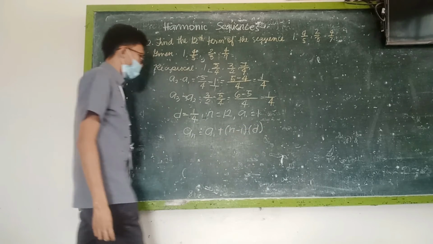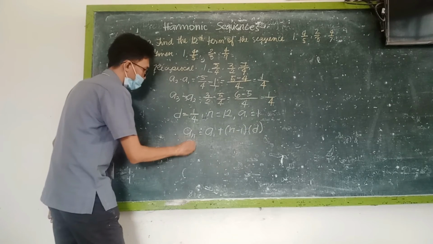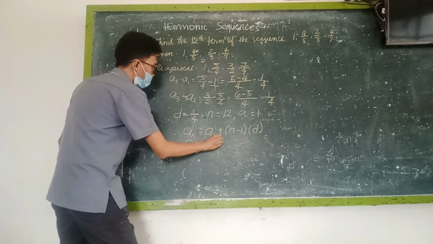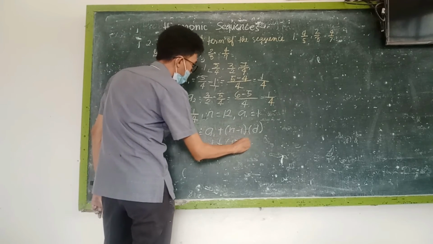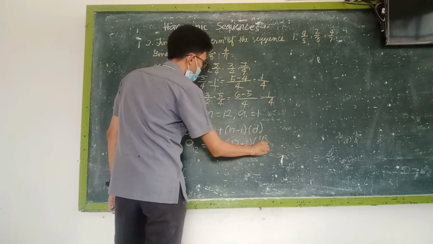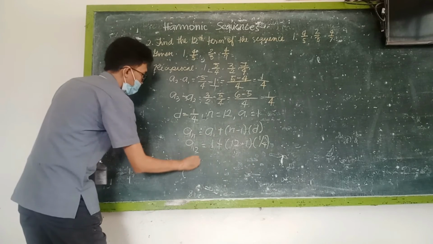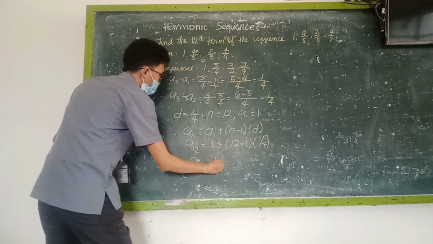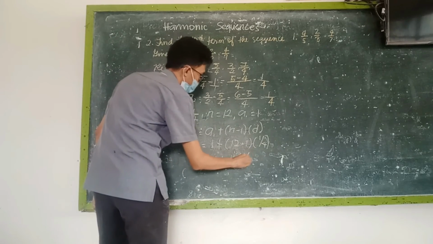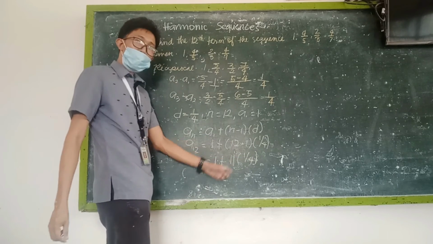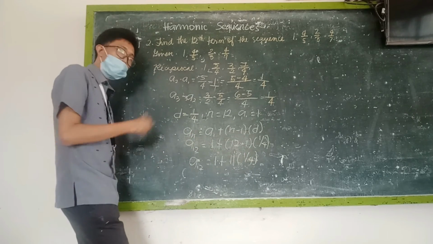So we have a sub n is equal to a sub 1 plus n minus 1 times d. So we have a sub 12 is equal to 1 plus 12 minus 1 times 1 over 4. So a sub 12 is equal to 1 plus 11 times 1 over 4. I-times natin ng 11 sa 1. Wala naman tayong makakancel.